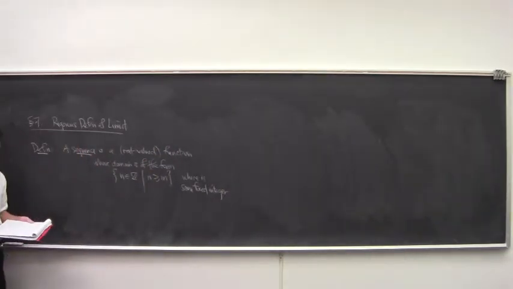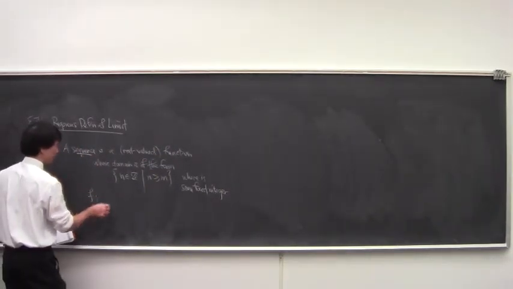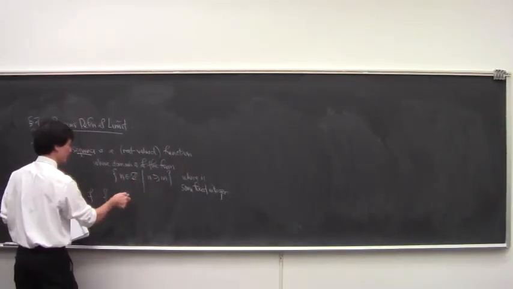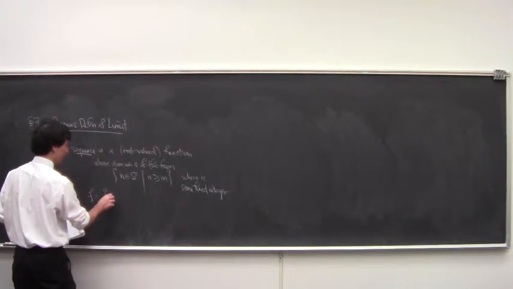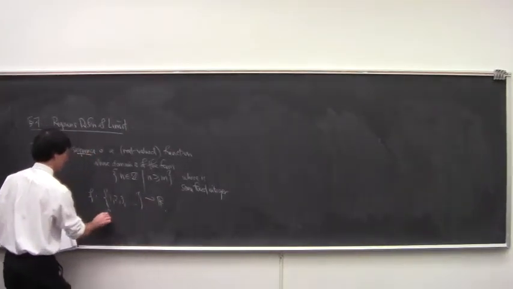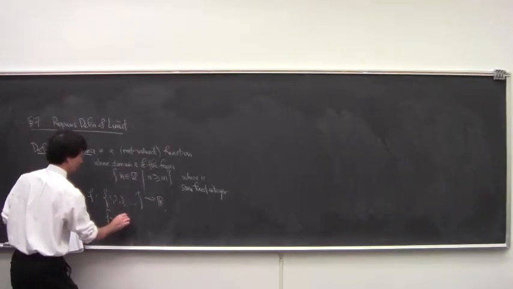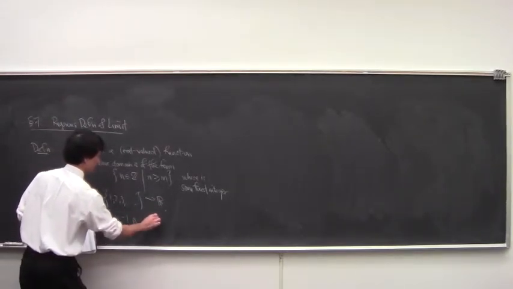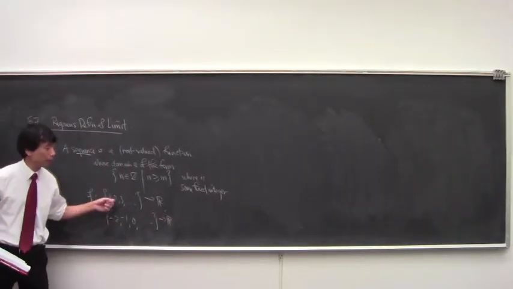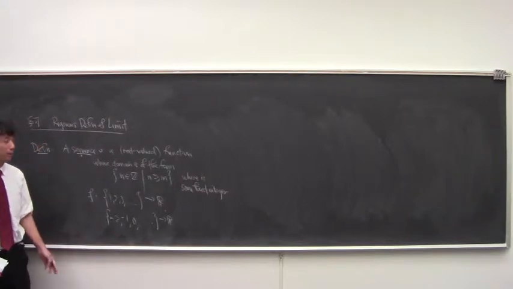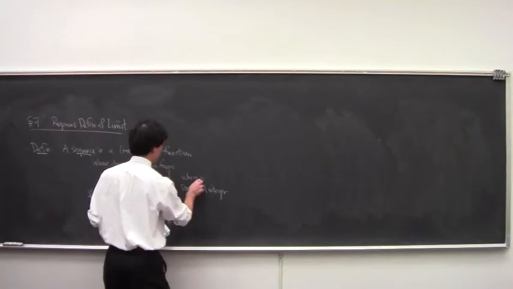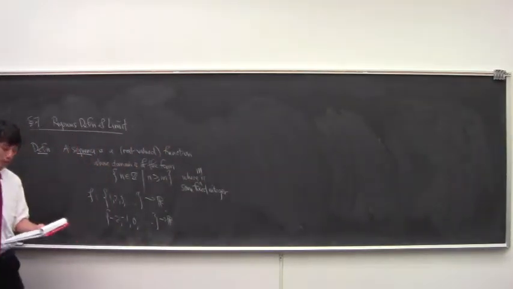So it's some function on a set of integers bigger than some number. It could be from 1, 2, 3, and so on into R. It could be from -2, -1, 0, etc. into R. There's going to be some starting integer, and then you include all integers after that. Sorry, where m is some fixed integer.